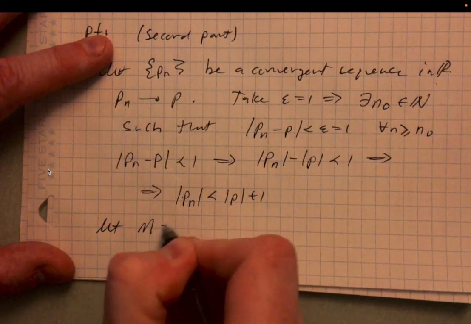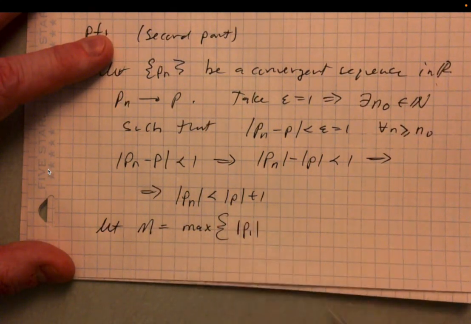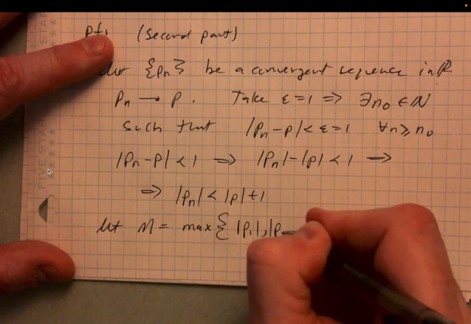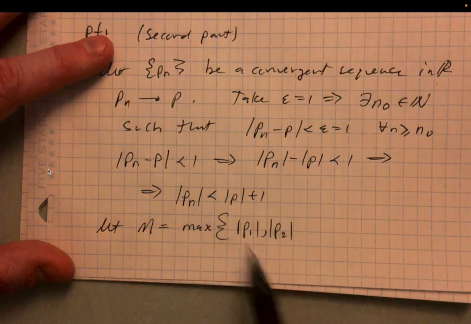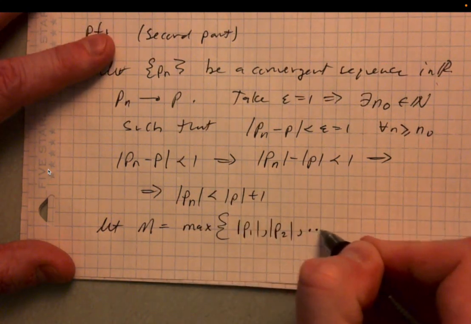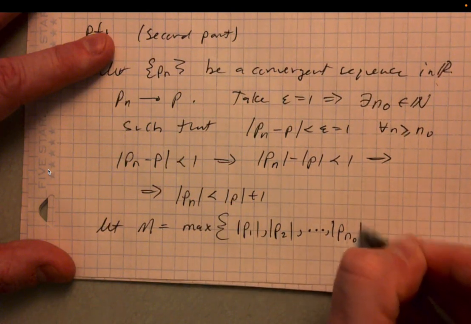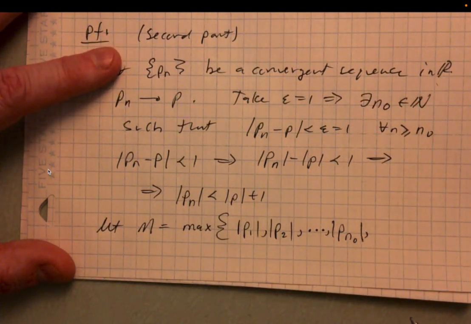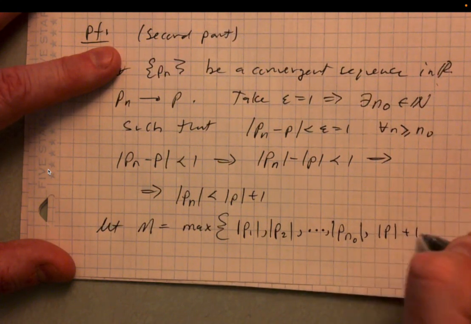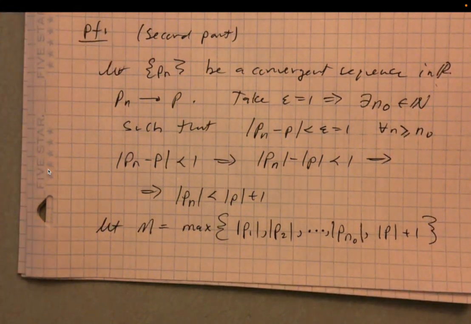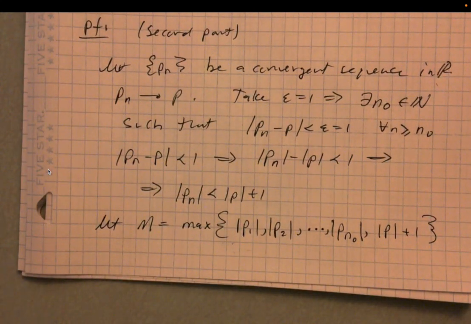So we'll let m equal the max of the absolute value of p sub 1, the absolute value of p sub 2, right? Remember, these are all potentially larger. And let's just keep going forward until we get to p sub n naught. And then what do we need? Well, just the absolute value of P plus 1. So one of these has to be the maximum.